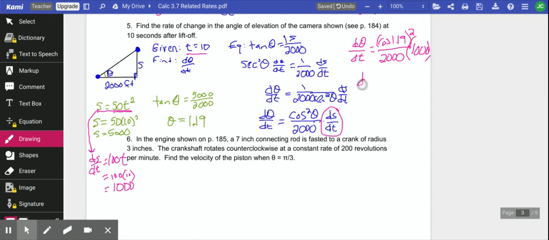Now all we have to do is plug that into our calculator. You do cosine of 1.19, remember you're in radian mode, square that number, divide by 2,000, multiply by 1,000, and we get 0.069. This is how fast the angle's changing, so our units are radians per second.